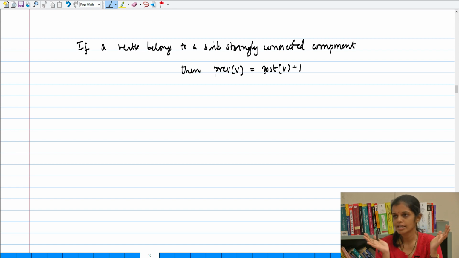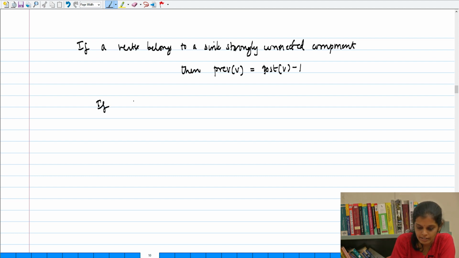If we can say some statement that if the vertex has pre-visit number equal to post-visit number minus 1, then it belongs to a sink strongly connected component. I do not know whether this is what you wanted to make, but we would like to make a statement of this form, that is if it satisfies some condition, then V belongs to a sink strongly connected component.